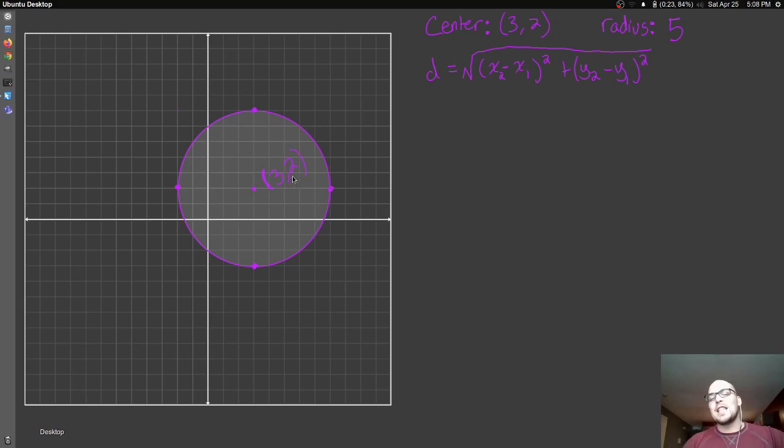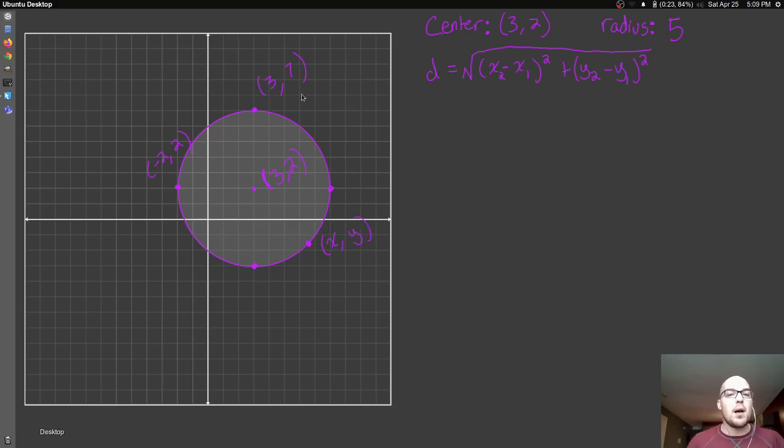Then instead of measuring directly to this point, whose coordinates I know easily are 3, 7, or to this one, whose coordinates are -2, 2, let's measure to some obscure random point, like this guy here. I don't know the coordinates of that off the top of my head because it's not exact, right? So it's just some random x, y, just a generic point.